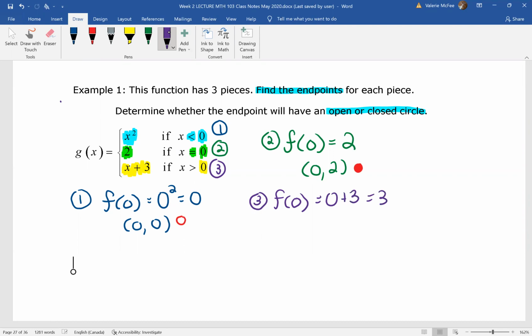We see that this equals 3. When x is 0, the f of 0 is 3. Will we use an open or a closed circle? Well, this is not equals, so we're going to use an open circle. We have 3 endpoints. 2 of them have open circles. 1 of them has a closed circle.